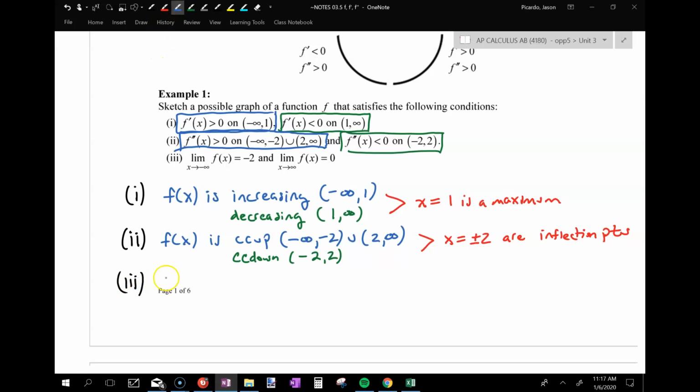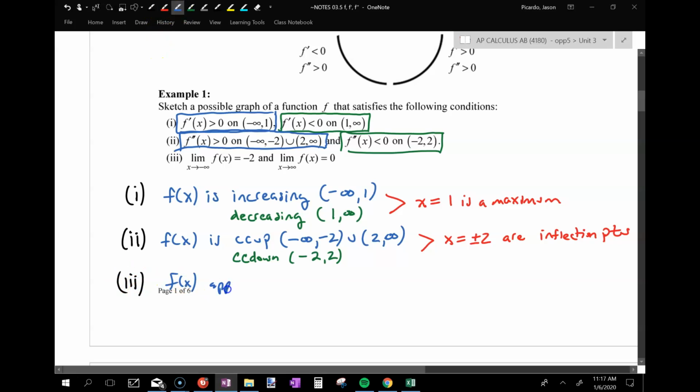So I'm going to put that in English. Ready? That means f of x approaches negative 2 as the graph moves towards negative infinity. Actually, I'm going to say x equals negative infinity, which is really kind of terrible math writing, right? But you get the idea, as x approaches, right? Okay, and then what happens here?